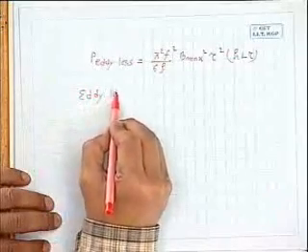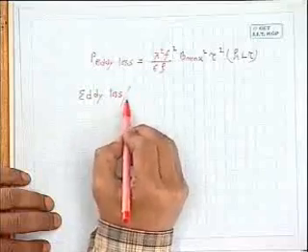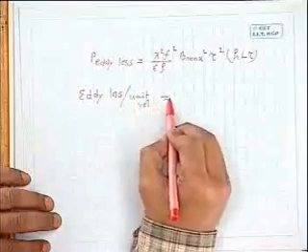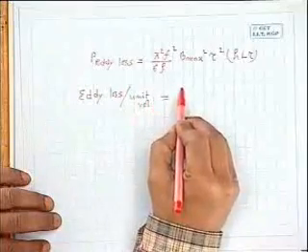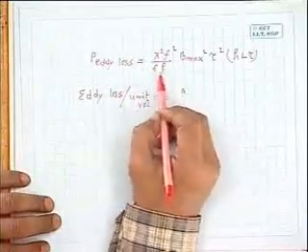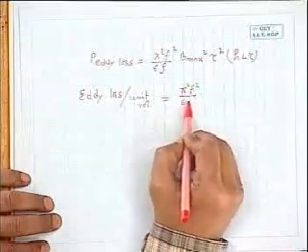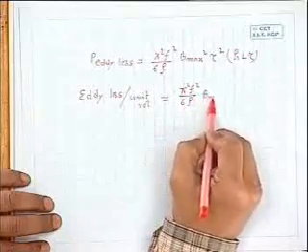So I can write it like this: eddy current loss, I am writing per unit volume, will be equal to this. There will be rho also. I am missing. Rho is there.